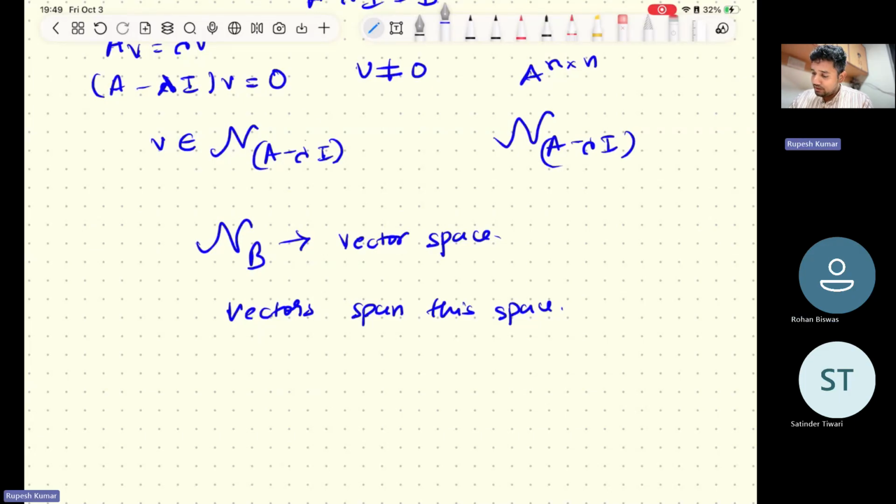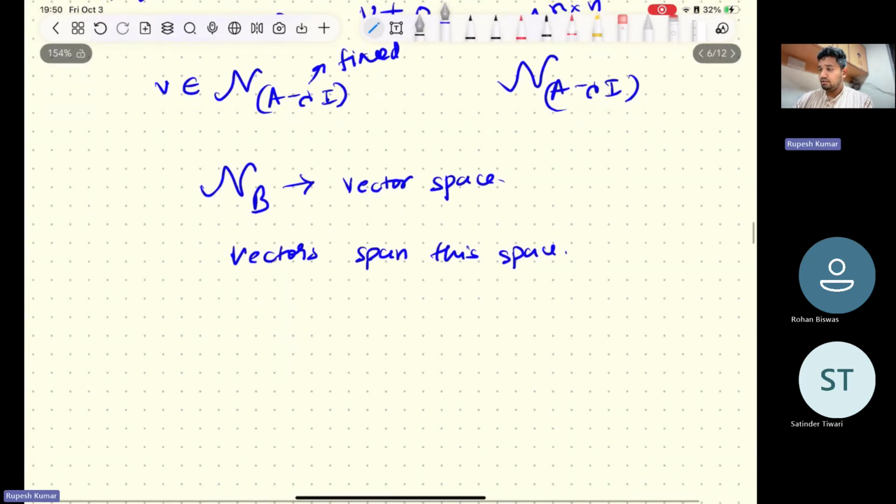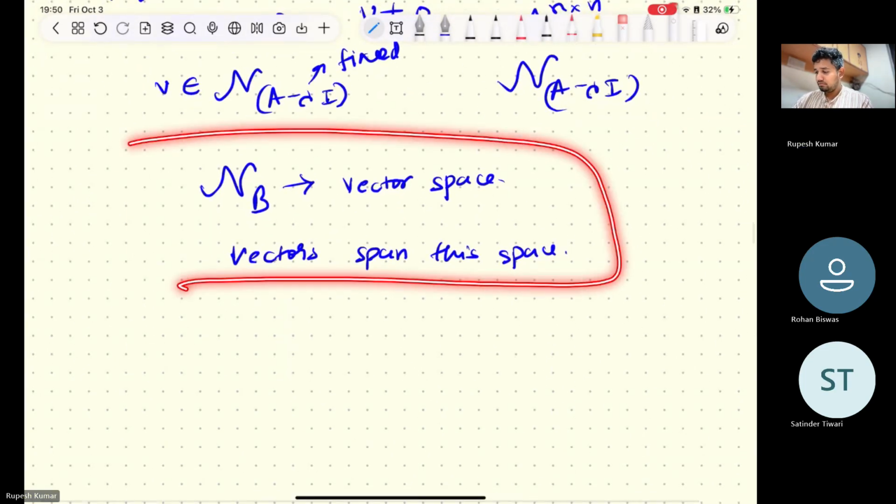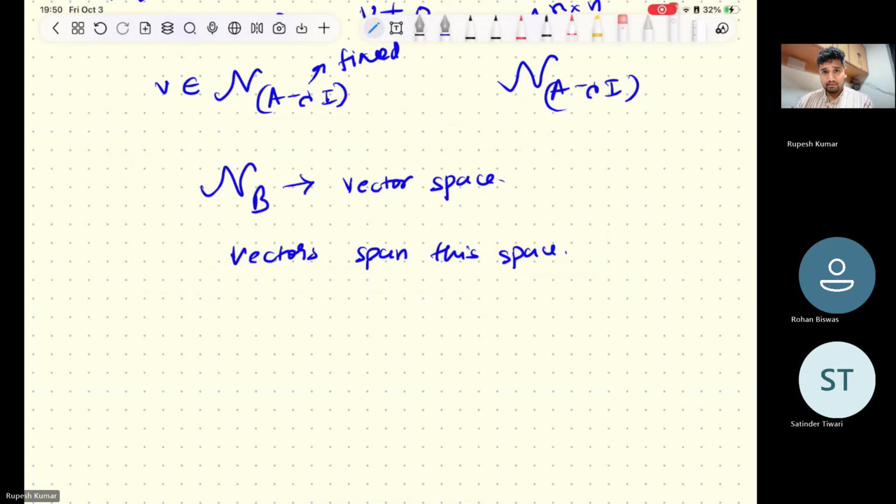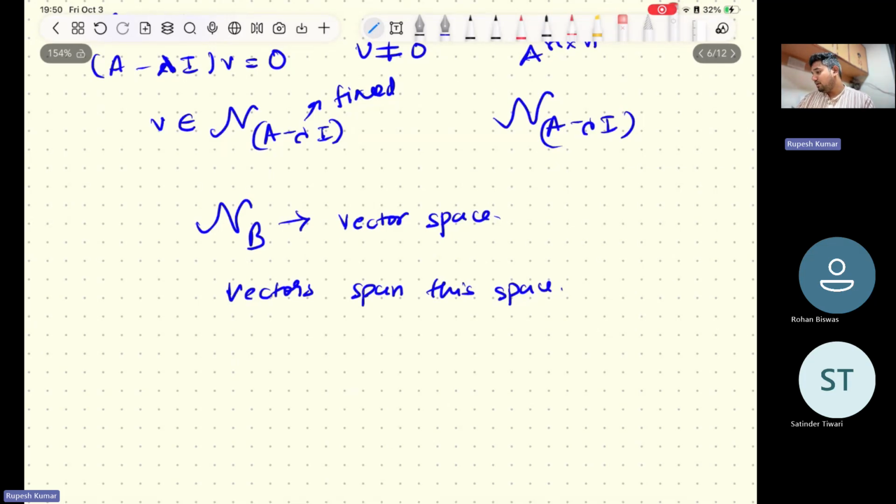Note that here lambda is fixed. We are not considering all the eigenvalues. I'm choosing one particular eigenvalue, and I'm trying to observe the properties of this null space. So there can be vectors that span this space. How many vectors can span an n minus one dimensional space?